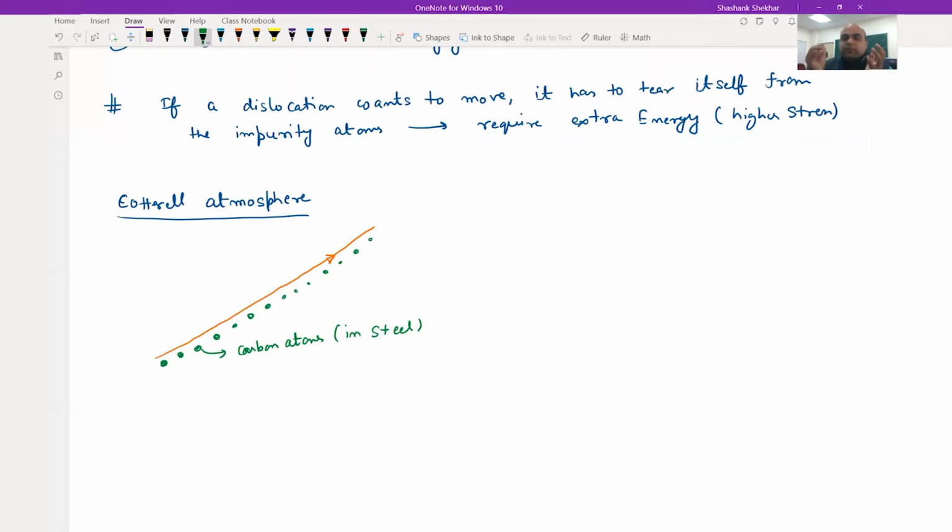They are making an atmosphere at the dislocation core, and this was proposed by Cottrell. So the name is given as Cottrell atmosphere, and we also call it Cottrell cloud. Now this Cottrell cloud is also going to affect the movement of dislocation. If you want to move this particular dislocation, you have to apply a higher amount of stress so that the dislocation can leave this Cottrell atmosphere and move ahead. And that is what we use when we try to explain yield point phenomena.